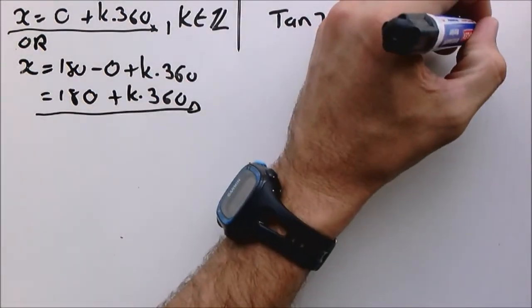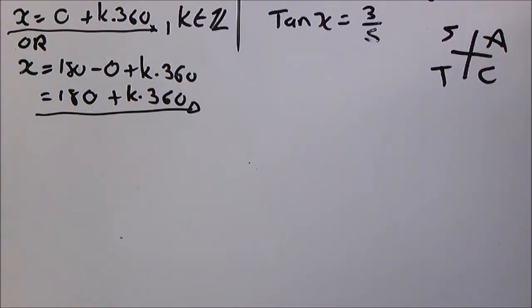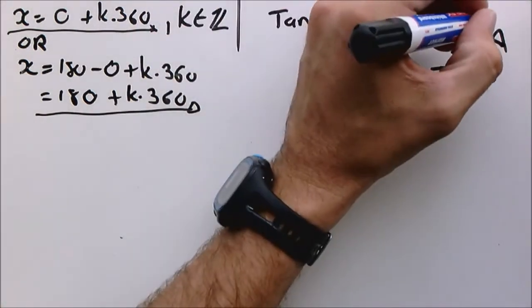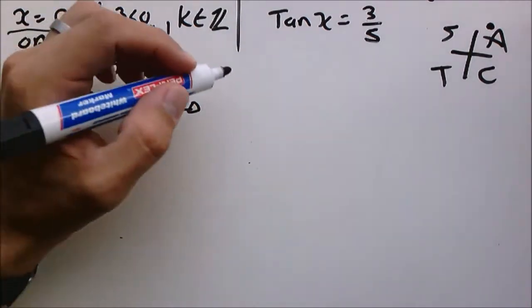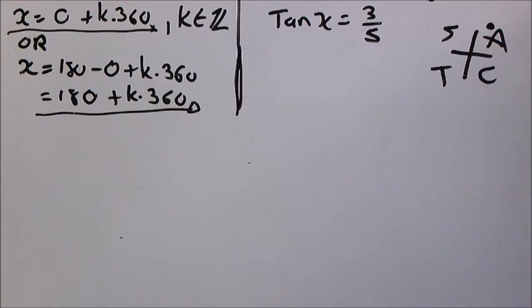First things first, I'll CAST the diagram and it's positive. So we're working in the first and the third quadrant, but with the tan function, as you know, we always just have one single solution. So reference angle, second function tan of 3 divided by 5.